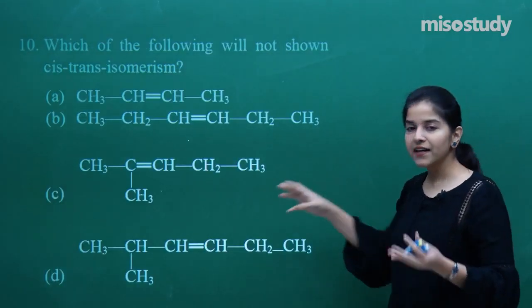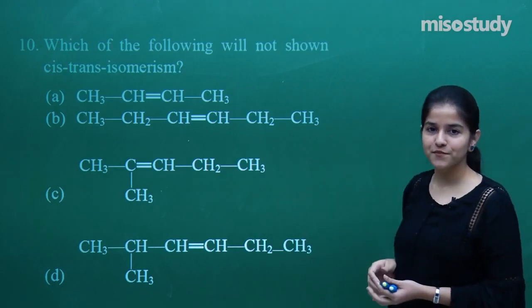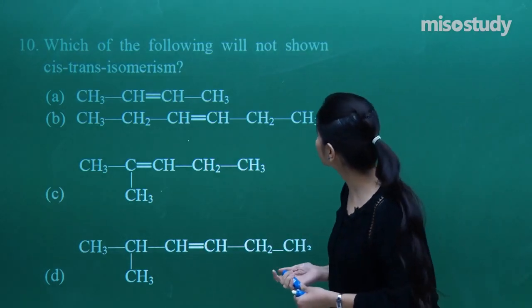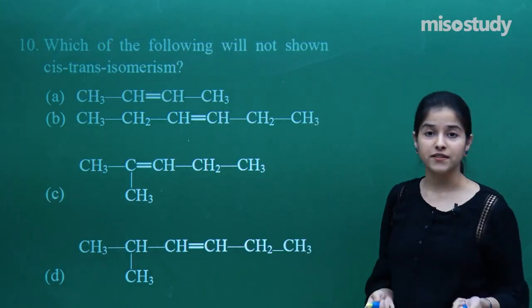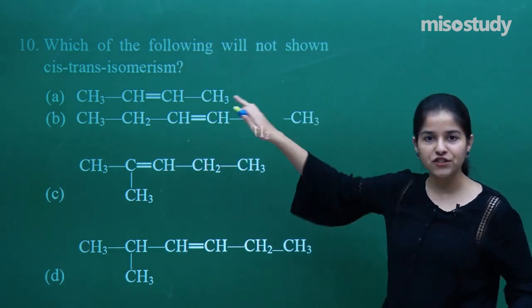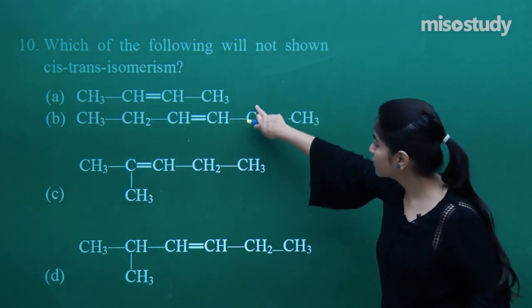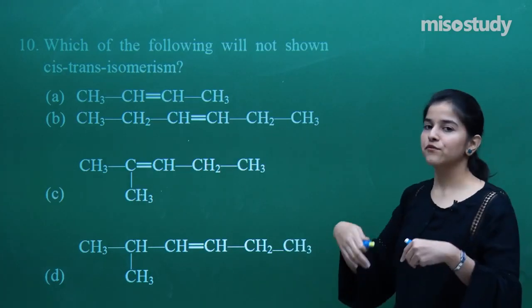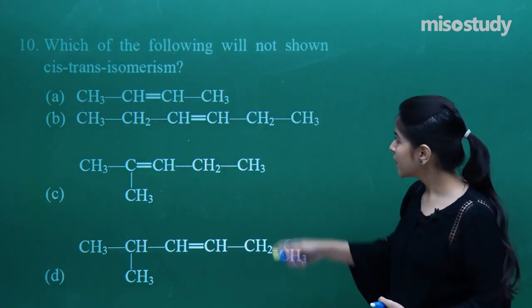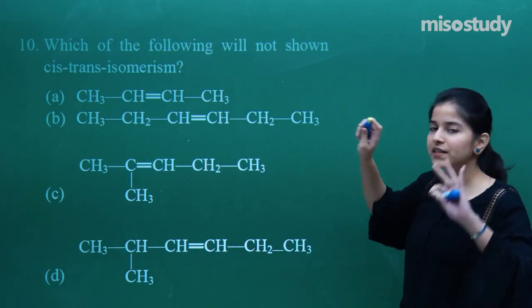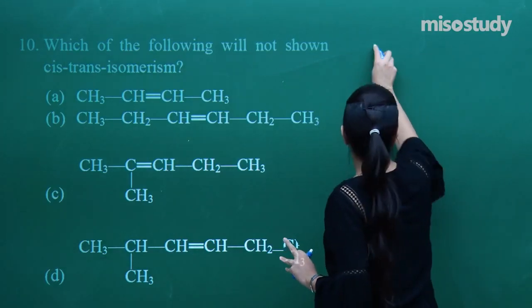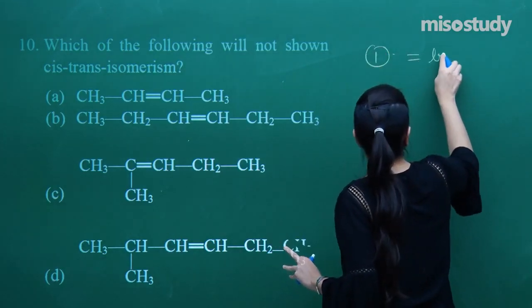Okay, again related to cis-trans isomerism. So basically, which of the following will not show cis-trans? I need to analyze each and every option. I need to figure out which of the molecules will show and which will not, right? So the very first, what are the conditions for a molecule to show cis-trans? First is the presence of a double bond.